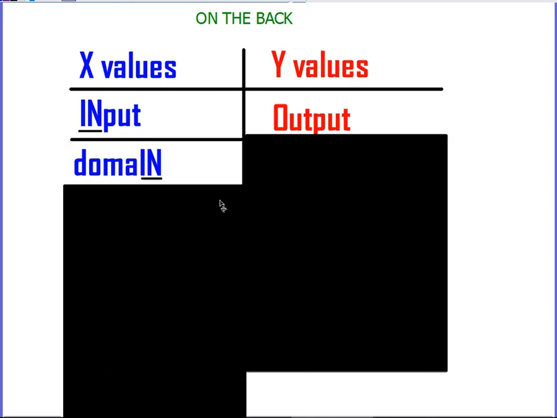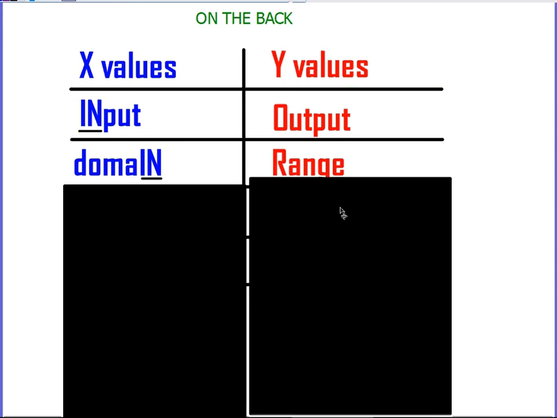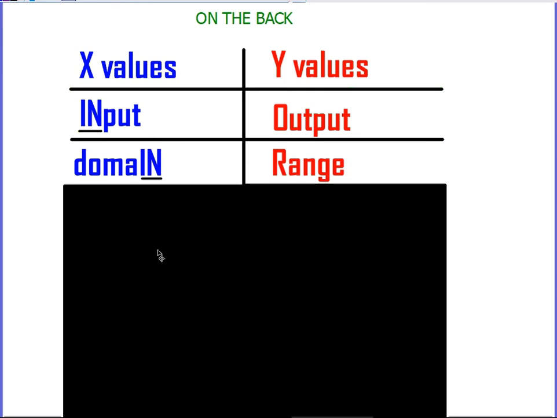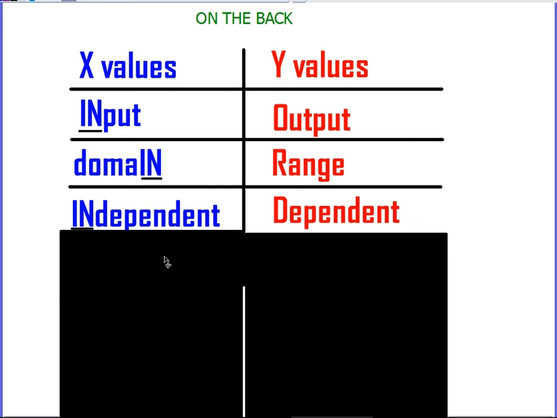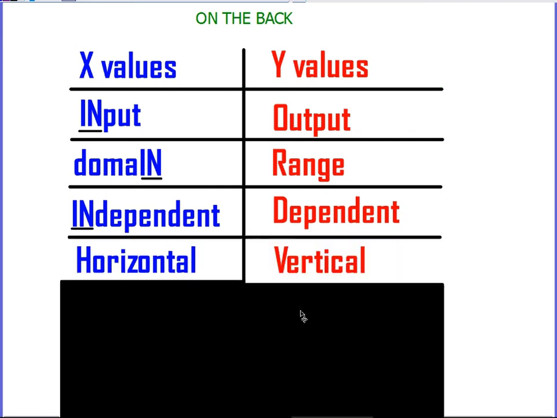So I'm going to have my domain, I'm going to have my range, I have my independent, I have my dependent, horizontal, and a vertical. So you always want to be able to make this table for yourself. That way it's a lot easier to remember, and that way it's a good resource to have. So if you need to pause to double check, make sure you have everything, please do.